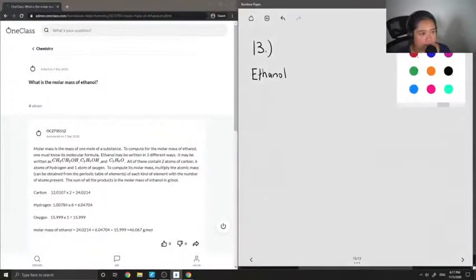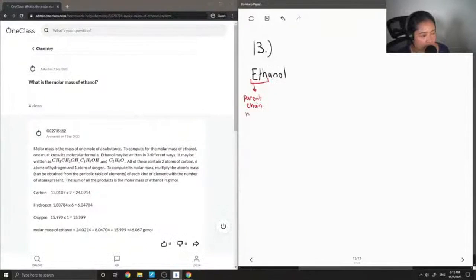Okay, so we have "eth" as the prefix. So this signifies that our parent chain has 2 carbons.